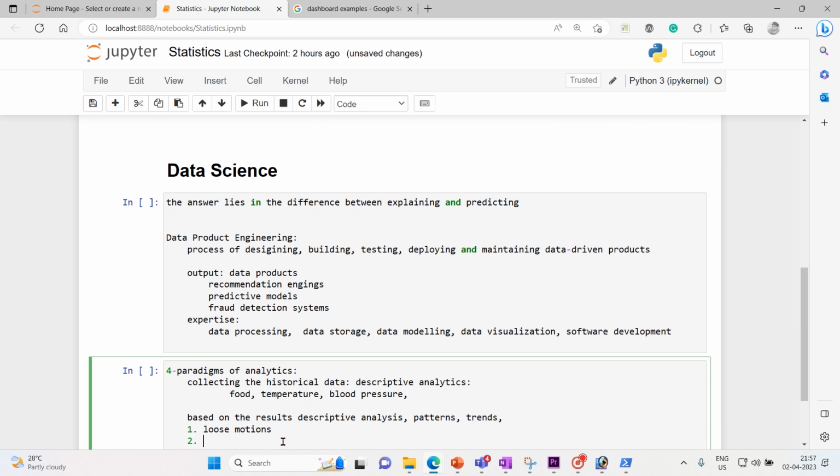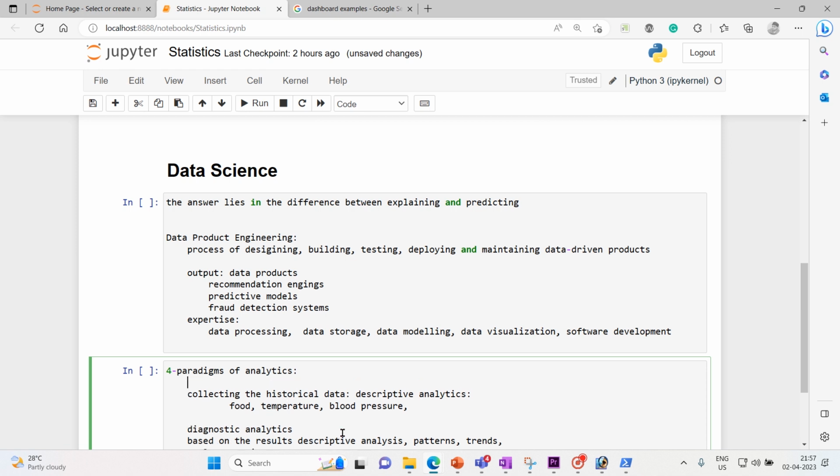Because of that, the reason for the loose motions may be the food you had yesterday night. That's the root cause. This is what is called diagnostic analytics. Let me put it here, diagnostic analytics. And this one is descriptive analytics.